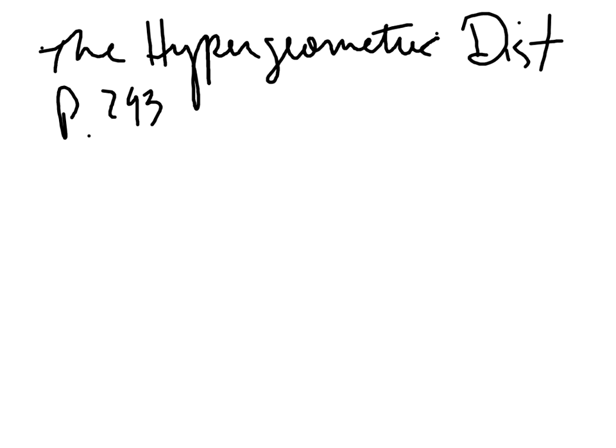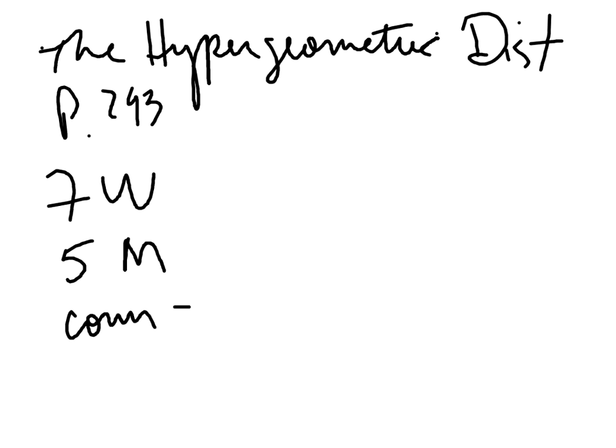For this particular question, recall that there are 7 women and 5 men. This should look familiar. The total number for the committee is 4. And from the 7 women, we're going to choose 3, and of course that would leave only 1 for the committee man.